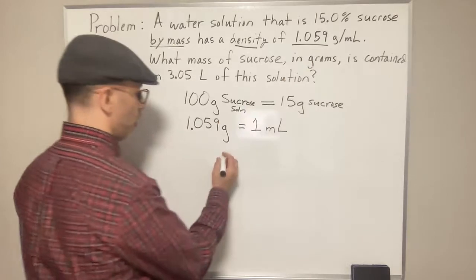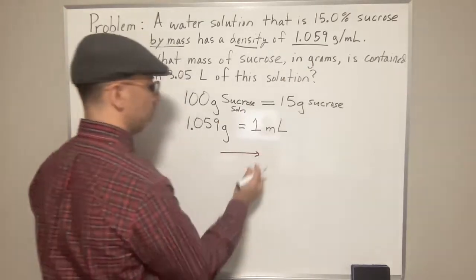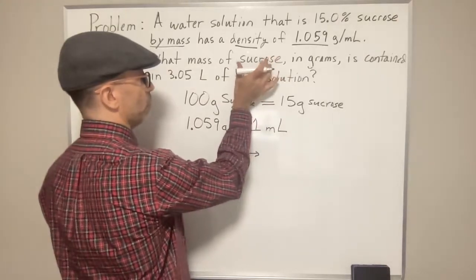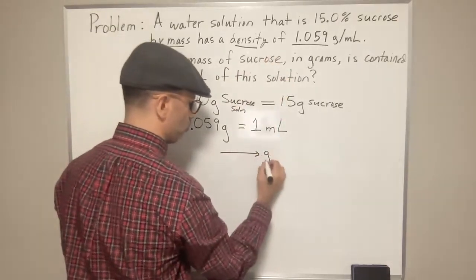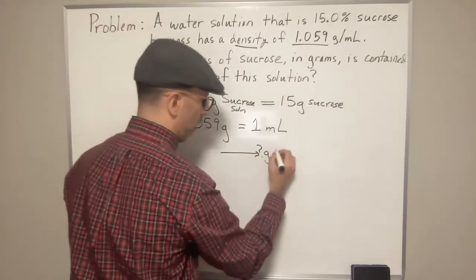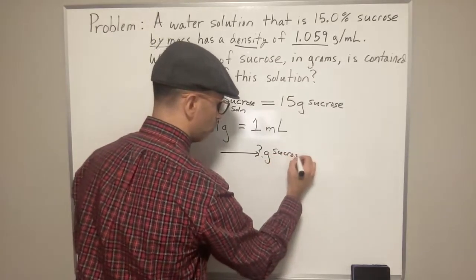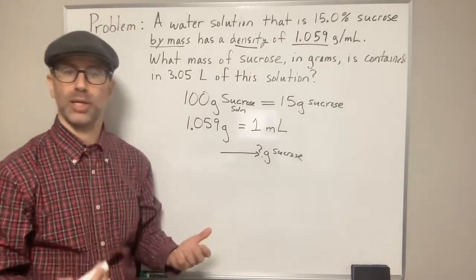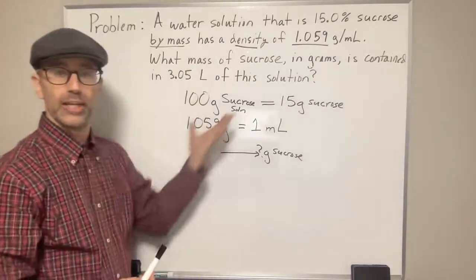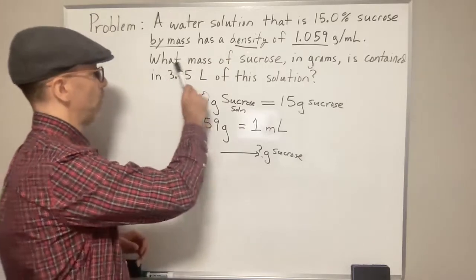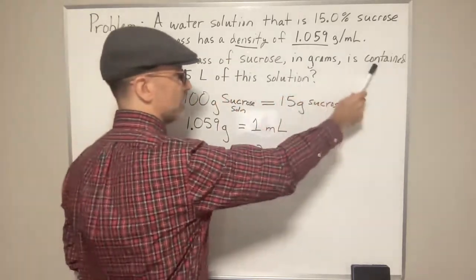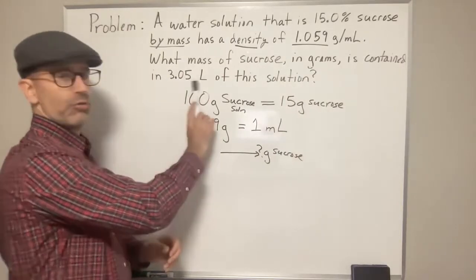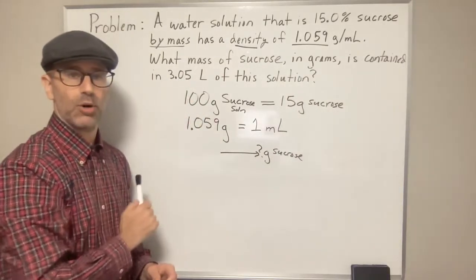That's our goal. So I have my arrow. My ending is what mass of sucrose in grams. So I want grams of sucrose. Okay, so now where am I going to begin? Well, look at the rest of the question. It says what mass of sucrose in grams is contained in 3.05 liters. So 3.05 liters is where we're going to begin.